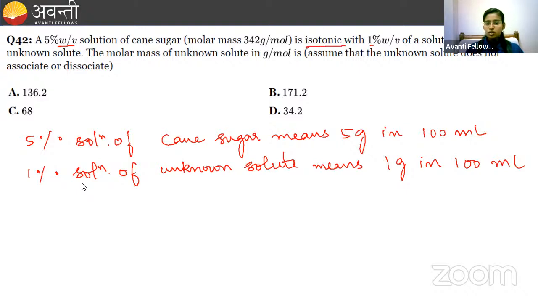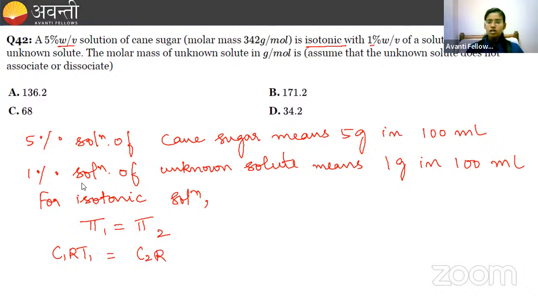So for isotonic solution, osmotic pressure will be equal. Osmotic pressure is represented by pi. So pi 1 will be equal to pi 2. And also we know that pi is equal to CRT. So C1 R T1 is equal to C2 R T2. So here we have to take that the temperature is constant, so that R and T will get cancelled with each other.